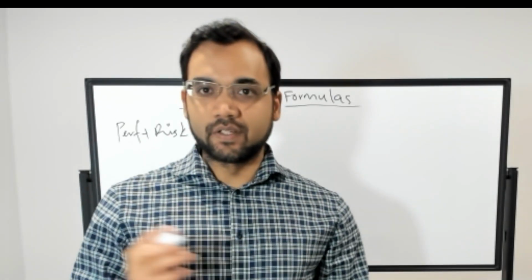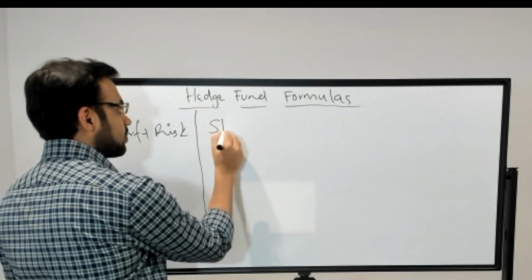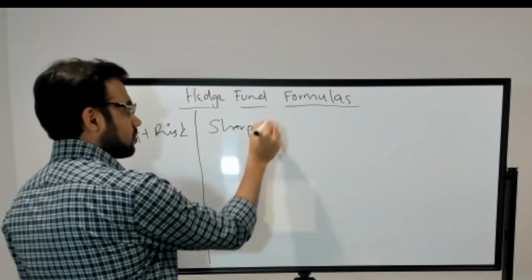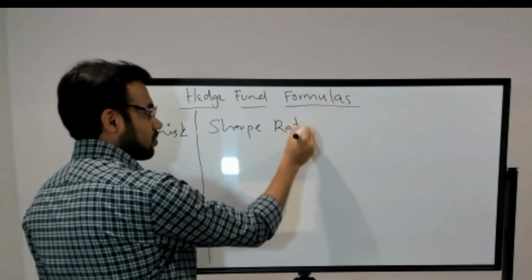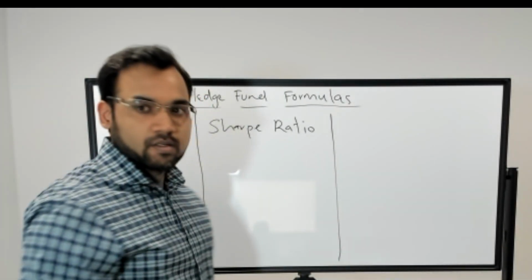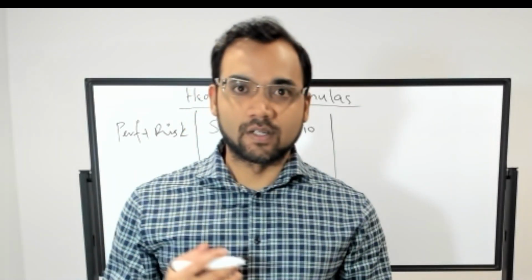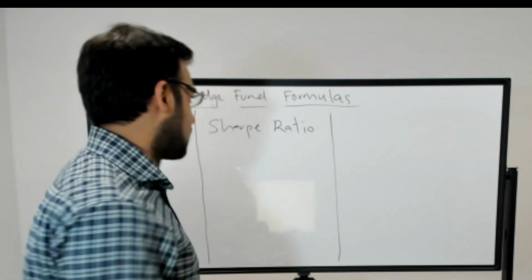And the first one I reckon we go with is Sharpe ratio. So what's Sharpe ratio used for? It's to measure risk-adjusted returns.